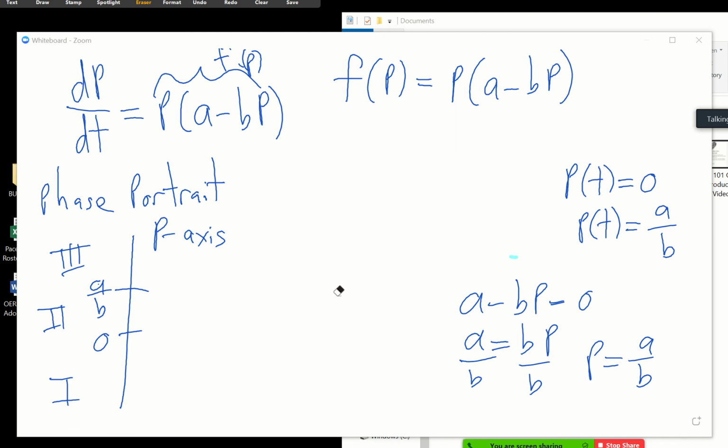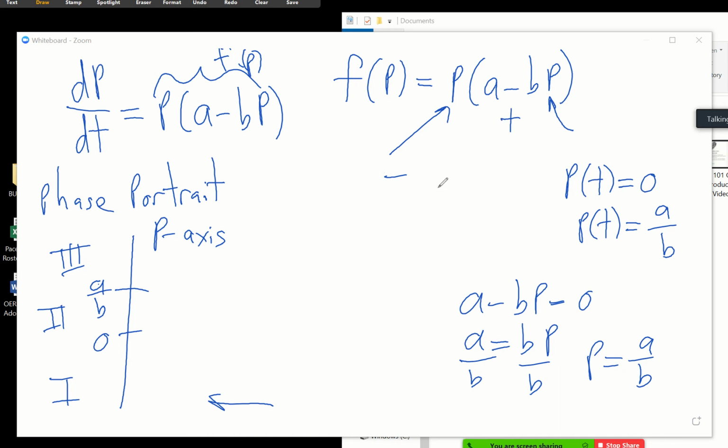So again, we don't have exact values for this, but we can still qualitatively go through and figure it out together. Let's take a look and see what's happening in region 1, the stuff that's below 0. So on the p-axis, if p is less than 0, then that means that this factor here would be negative. Now, with p negative, a minus b times a negative p-value would make this thing on the inside a positive quantity.